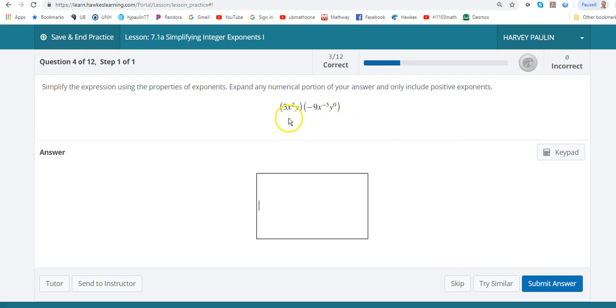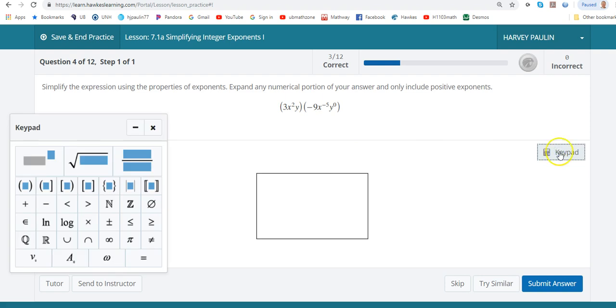All right, now this one you'd probably have to write out, and it would be 3 times a negative 7. And I see some negative exponents there. Okay, that's all right. We're not going to end up with a fraction. Anytime we needed a fraction, we would go to our keypad and then pick out a fraction.